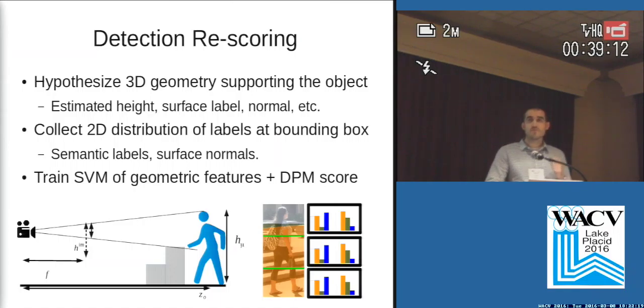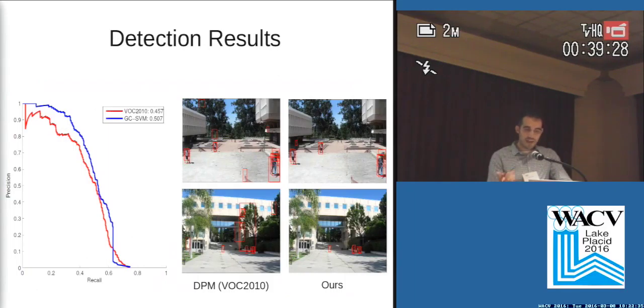And that allows us, for instance, to correlate an upper body detection with a blocking element on the lower body part. Finally, we simply trained these GIS features alongside the DPM score. We obtain better results over this baseline at almost all levels of recall.